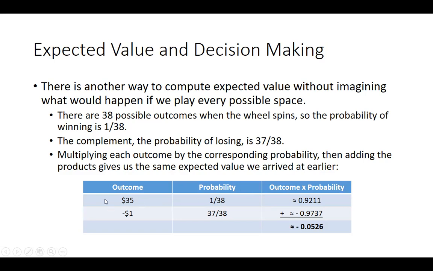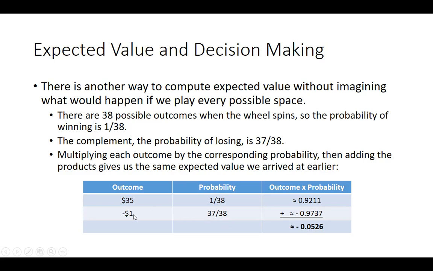The outcome of $35 has a probability of 1 out of 38. We multiply those together and we get about 0.9211. The outcome of losing $1, negative $1, has a probability of 37 out of 38.